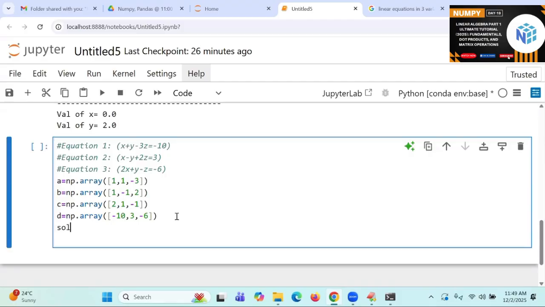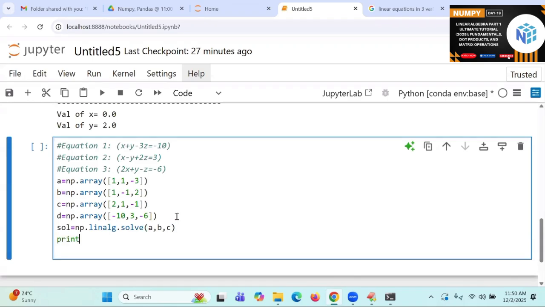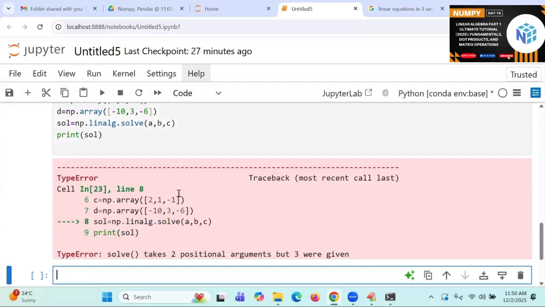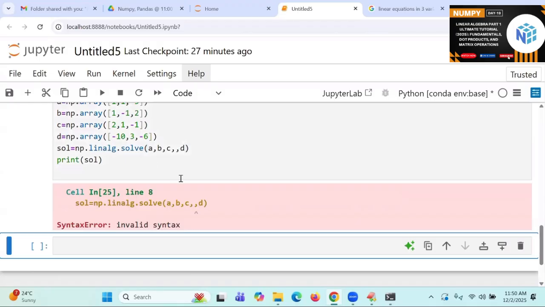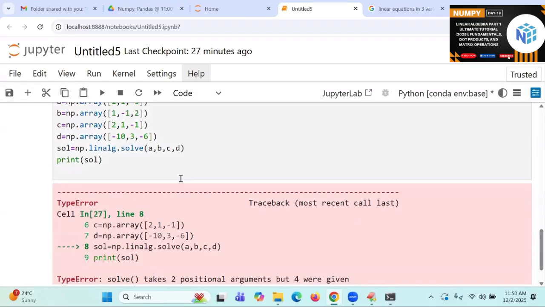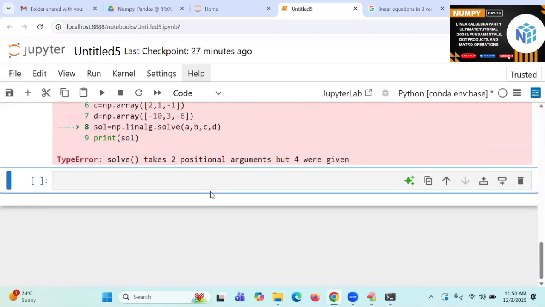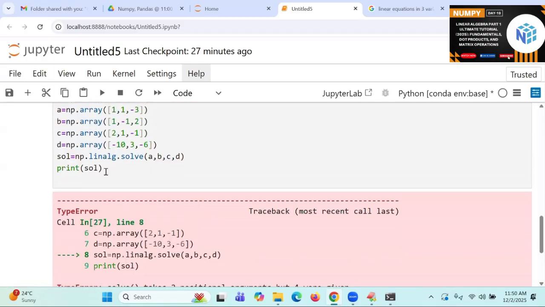Next, go forward. Solution is equal to np dot linalg dot solve of A comma b comma c. Print the solution and you are going to get it. Then D. It takes 2 arguments.